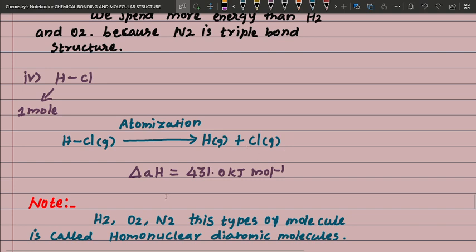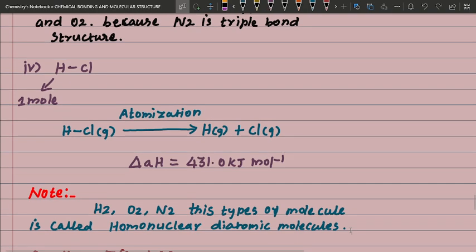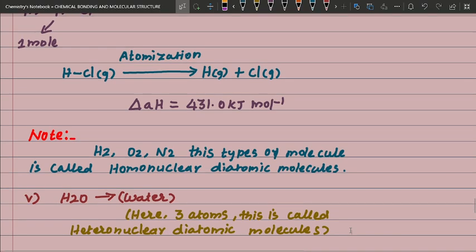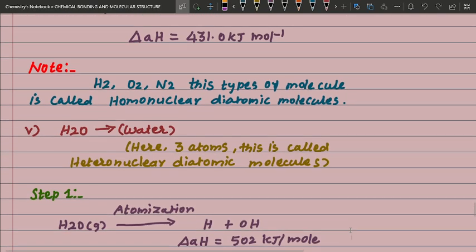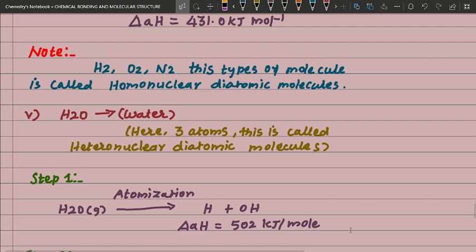So the energy required is 431.0 kJ mol^-1. Note: H2, O2, N2 — these types of molecules are called homonuclear diatomic molecules.